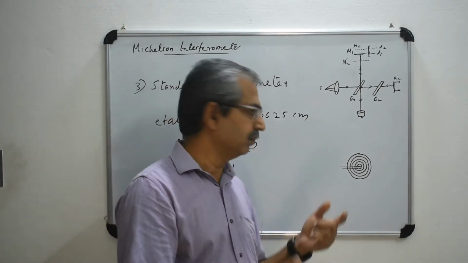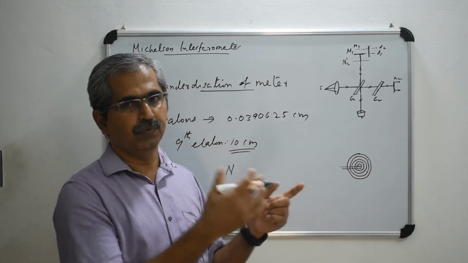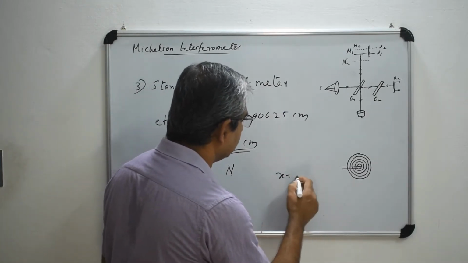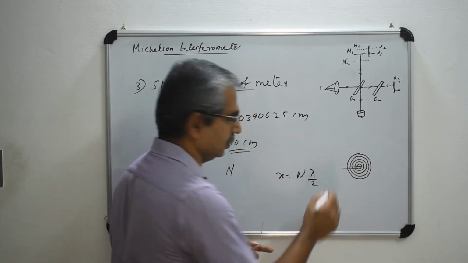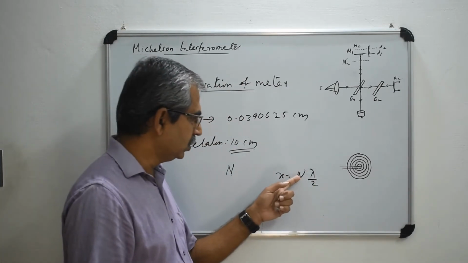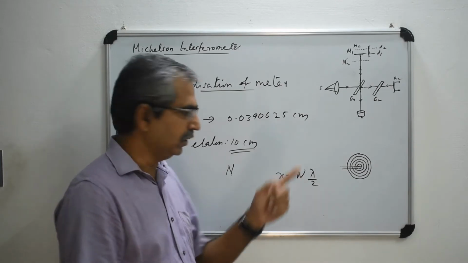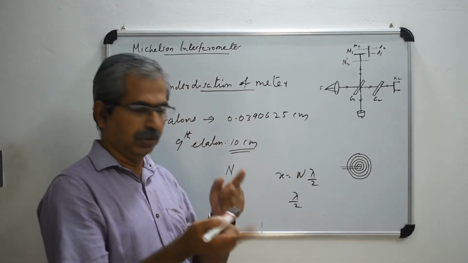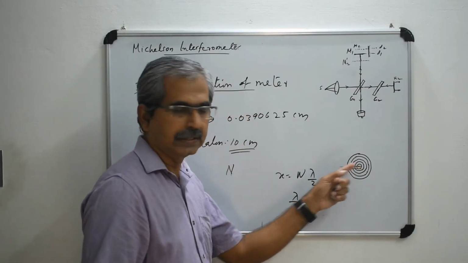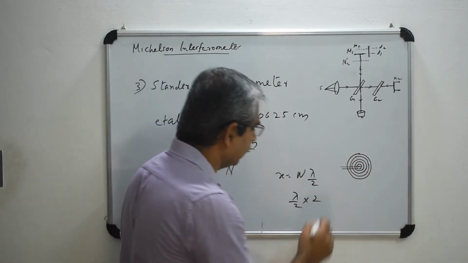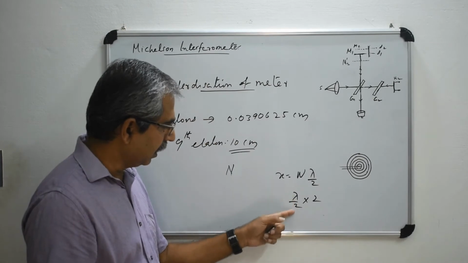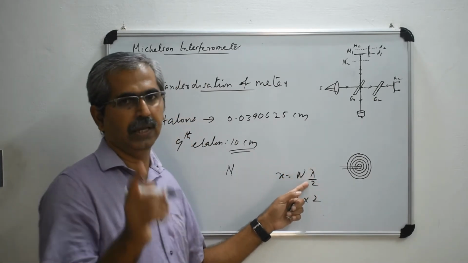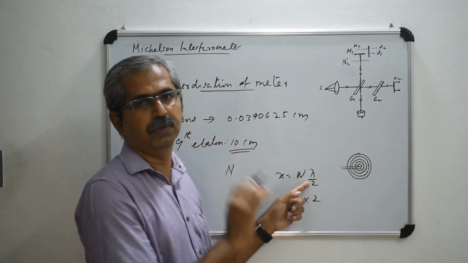From that you can calculate the number of wavelengths. For each fringe, the equation is x equals n lambda by 2. So for changing one fringe, the distance moved will be lambda by 2. For producing two rings, the path will be lambda by 2 into 2. So for each lambda by 2, a new ring will be formed.